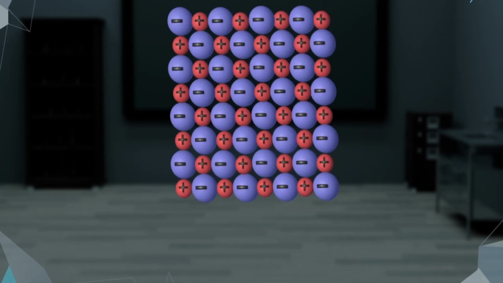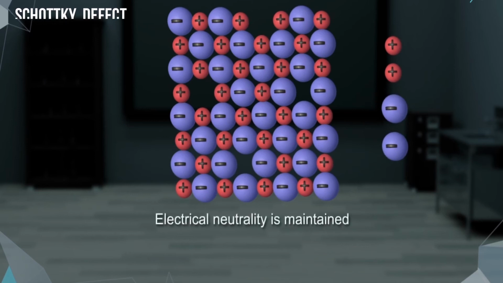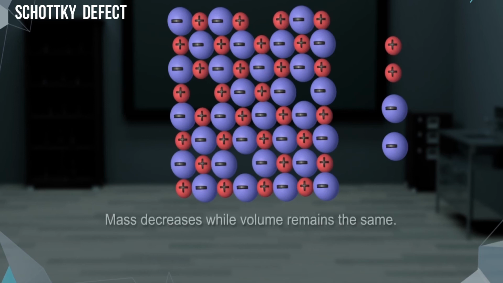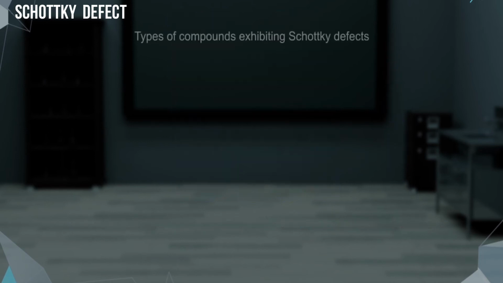An equal number of positive ions and negative ions are missing from their original positions, due to which electrical neutrality is maintained. In this defect, mass decreases while volume remains the same. Presence of a large number of Schottky defect sites lowers the density of the solid.